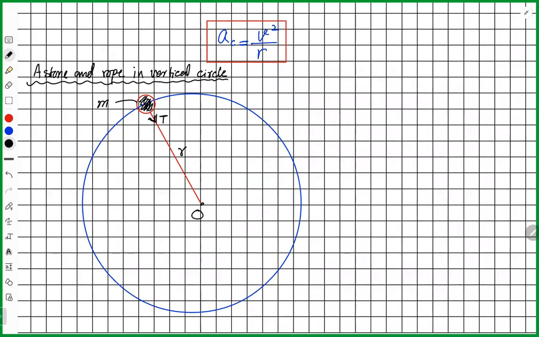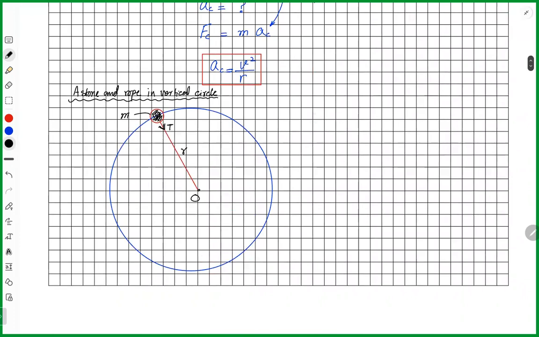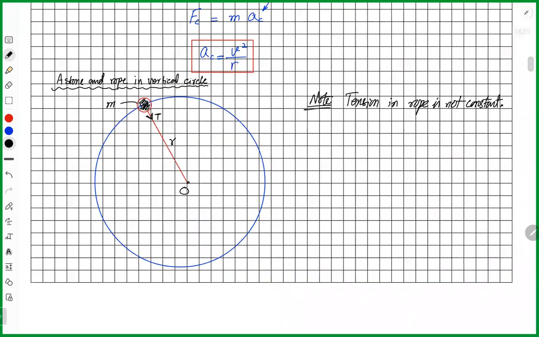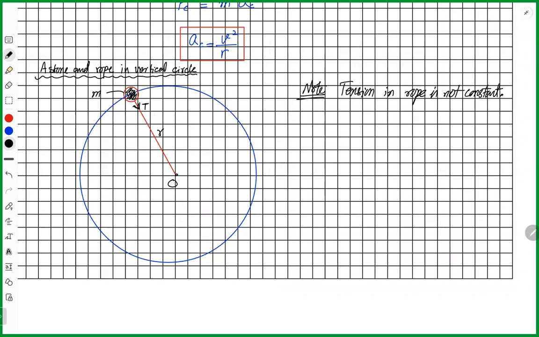Everybody believes that. But note, tension in the rope is not constant. You might wonder why. If it is moving with a constant speed, the tension should be constant.